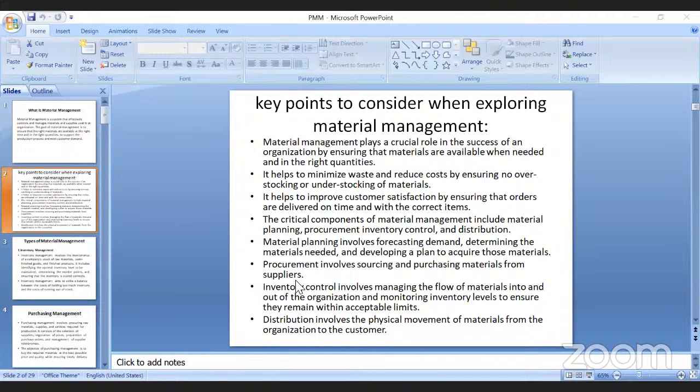Yes or no? Material management means whether materials are available or not. Either materials are in full supply, which is overstocking, or materials are not available, which is understocking. Yes or no? Those are the points when we are exploring material management. Clear?